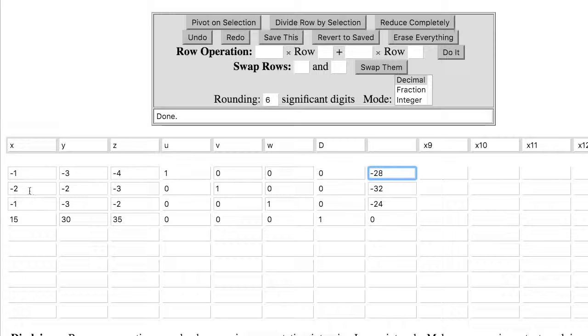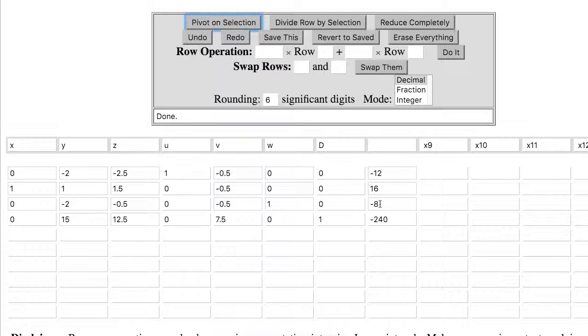And 28. So the 16 is the smallest positive ratio. That corresponds to the 2 here. I'll pick that 2 as my pivot element. So I'll click the pivot on selection button. And I've completed the first step in the simplex method.